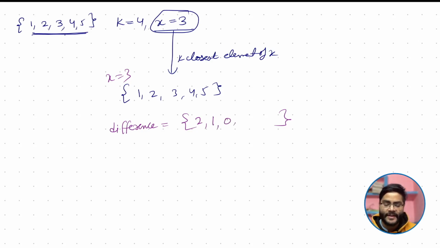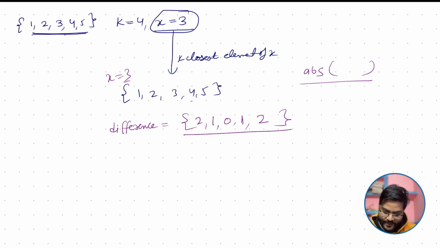We will take the absolute value, we will not take negative. So for 3 and 4 the difference will be 1, and for 3 and 5 the difference is 2. The difference will always be positive, there is no negative difference. So this will be the difference.